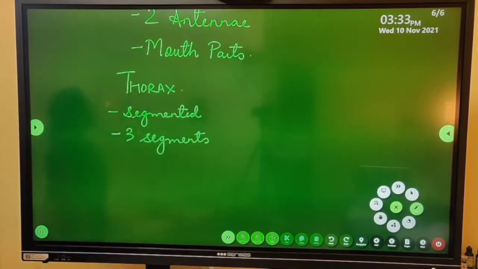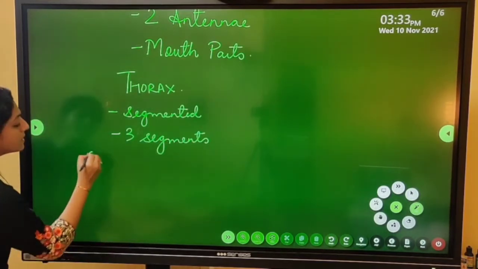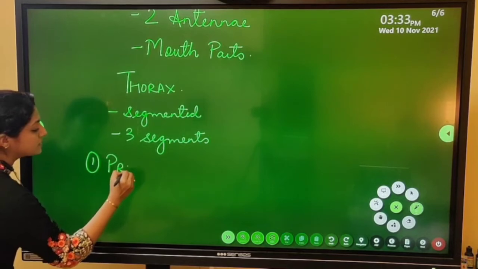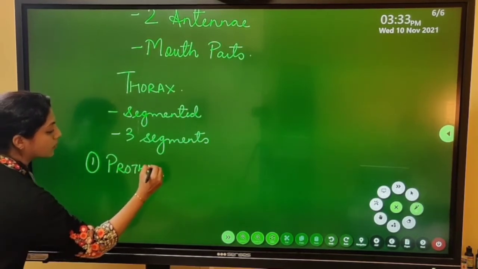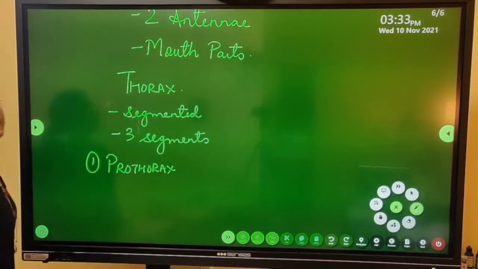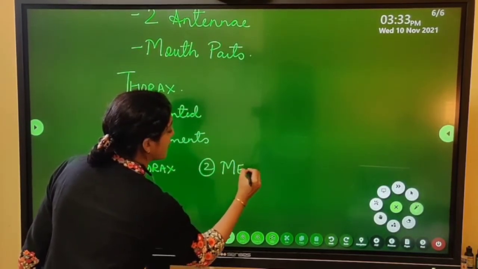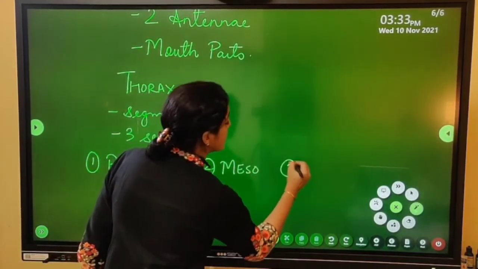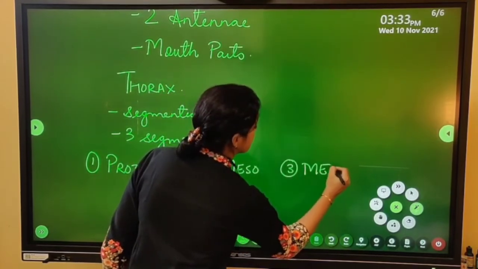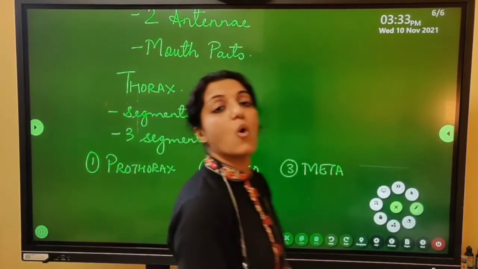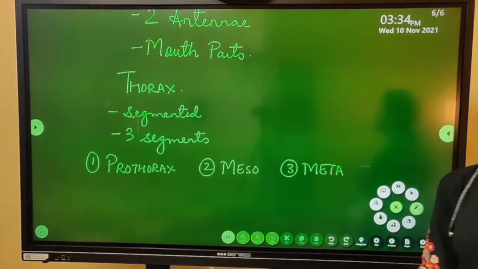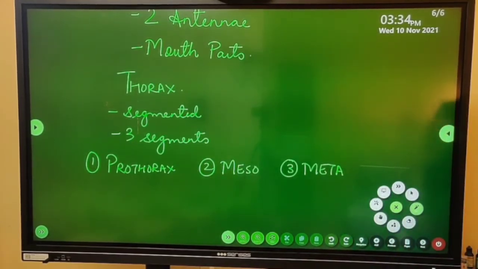The three segments are: number one, prothorax. Number two, mesothorax. Number three, metathorax. So the three segments of the thorax are the prothorax, mesothorax, and the metathorax.